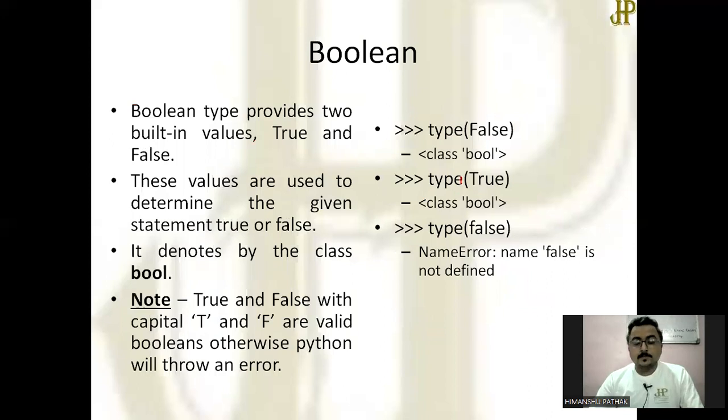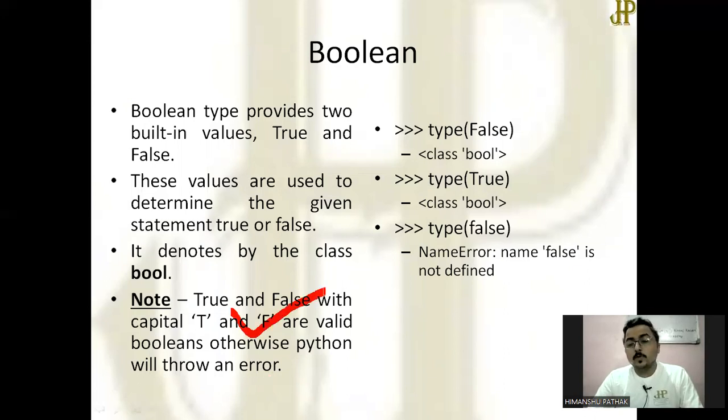And the last data type is Boolean. As you all know that Boolean has two values, 0 or 1. But here in Python, there is no such thing 0 or 1. There is true and false. And true and false, the first character is in capital letter T and F. That's why I have written over here that true and false with capital letter T and F are valid Boolean.